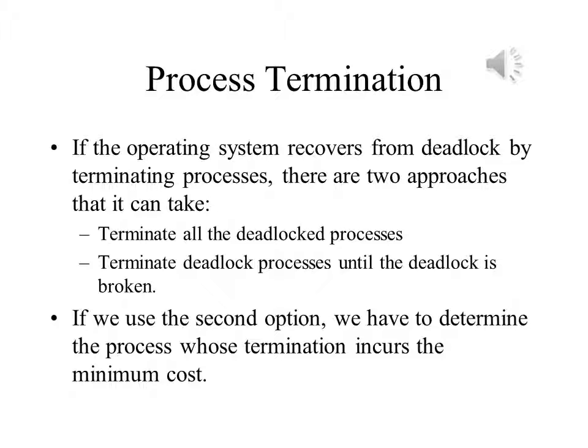Here, what determines the processes that are terminated and the ones allowed to run is whatever constitutes the lowest cost. Such factors include process priority, how far the process has progressed and how far from completion it is, the resources that it has used, the resources that it needs, how many processes need to be terminated, is it batch or is it interactive?